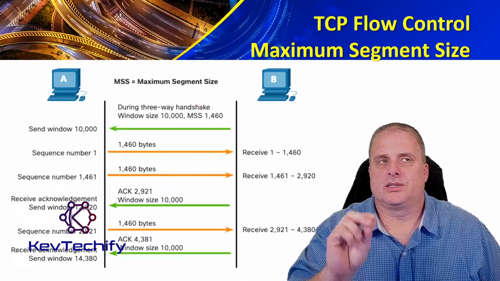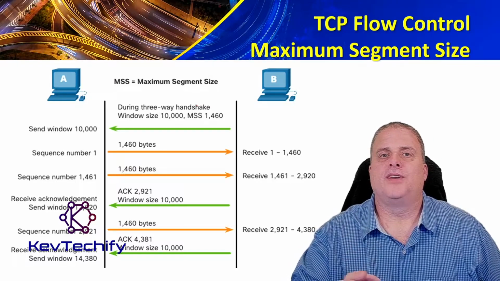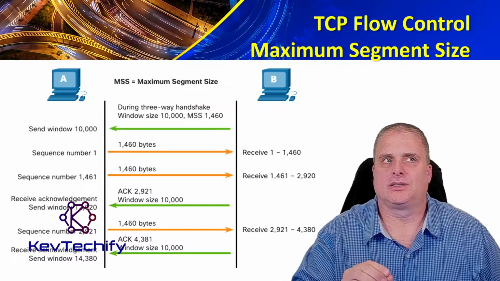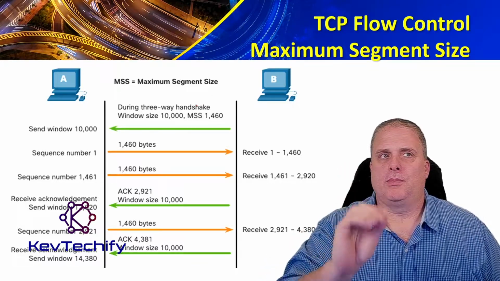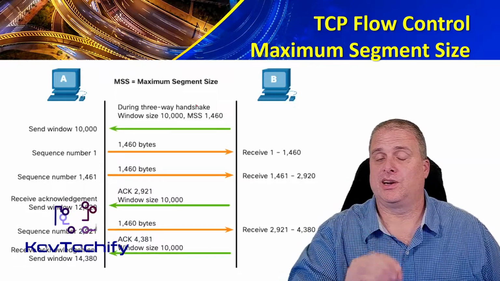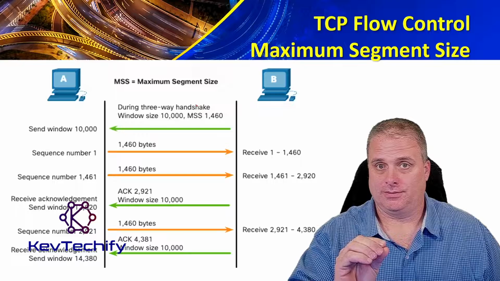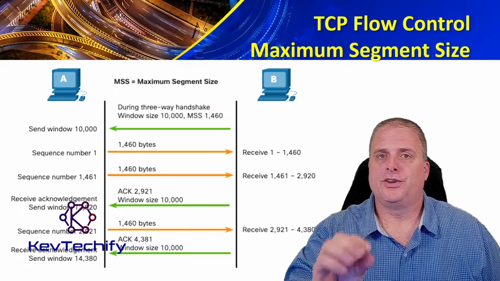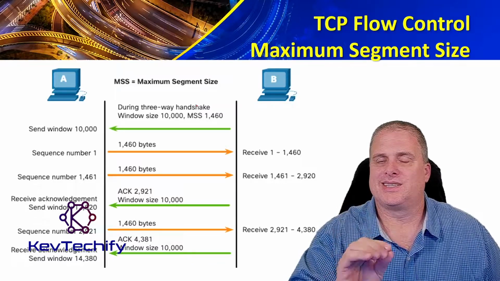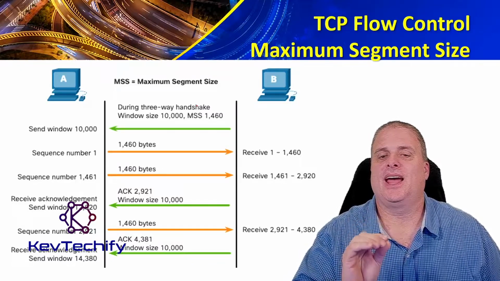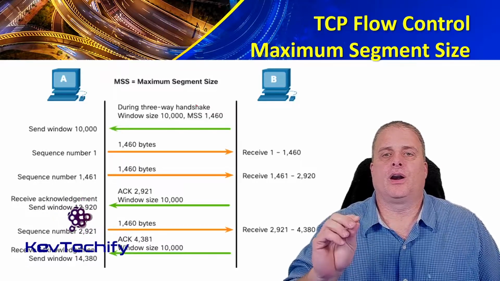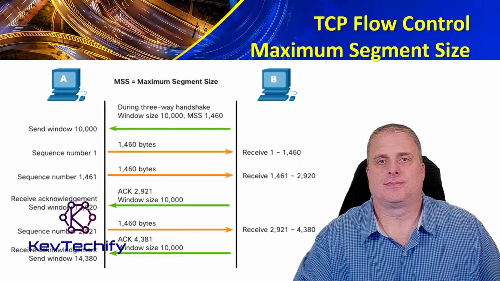The host determines the value by subtracting the IP address and TCP headers from the Ethernet maximum transmission unit, which is 1,500 bytes by default. 1,500 minus 20 bytes for the IP version 4 header minus 20 bytes for the TCP header gives us our 1,460 bytes for our maximum segment size.